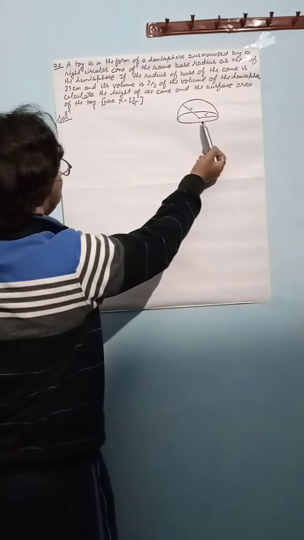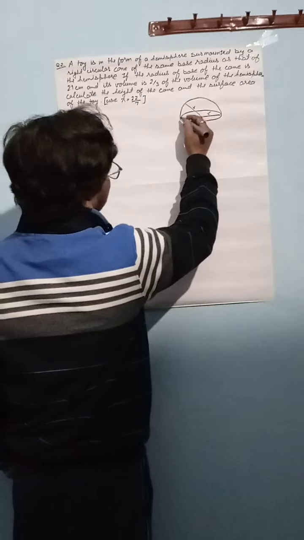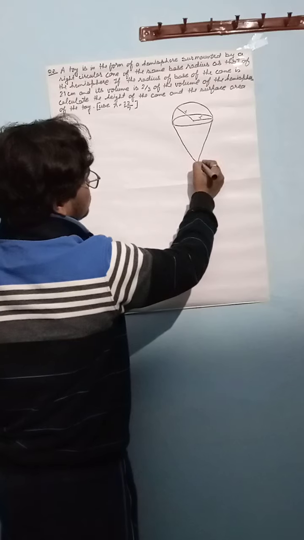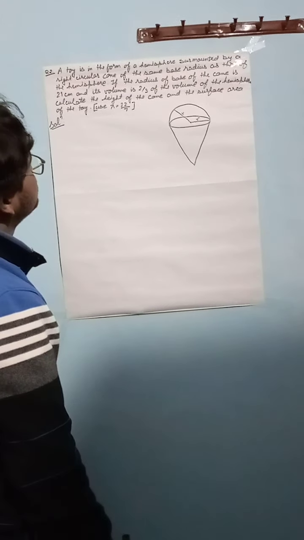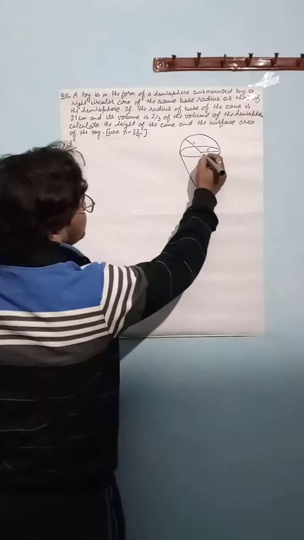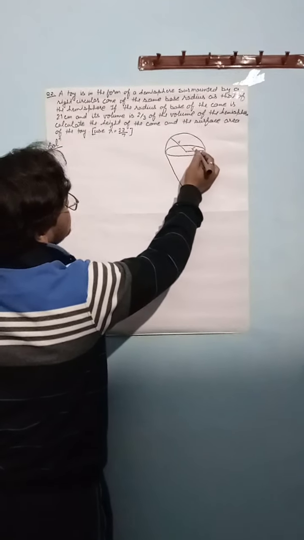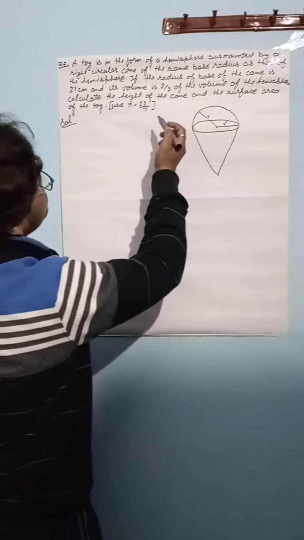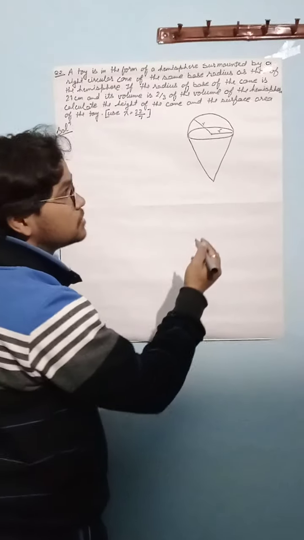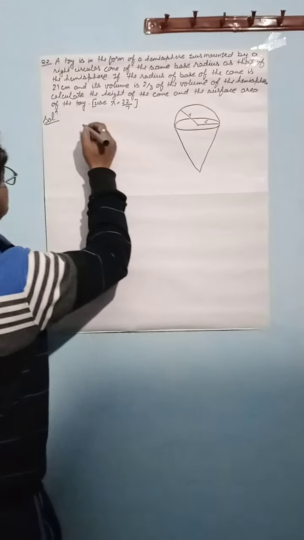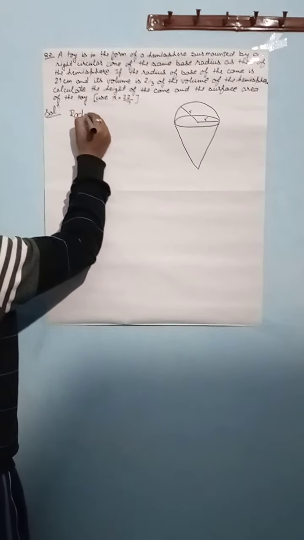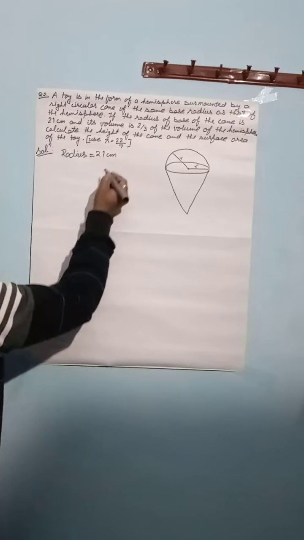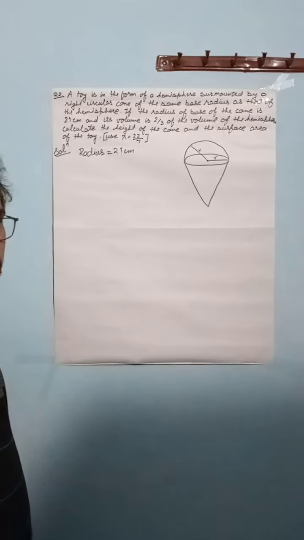This hemisphere is surmounted by a right circular cone, so we will draw the cone here. The radius of the hemisphere is 21 centimeters.